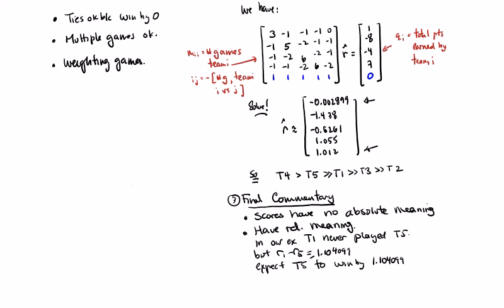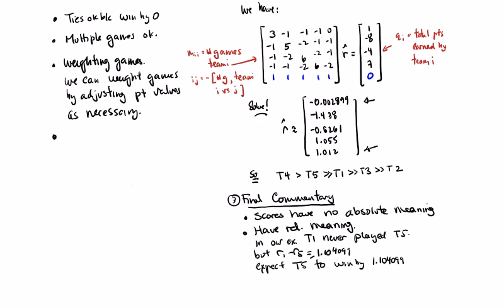So for example, if a team wins at home by 5 points, maybe we should only count it as 4. So we can weight games by adjusting point values as necessary. This will be explored more in the group work and in the project.